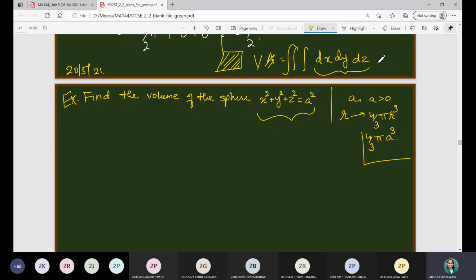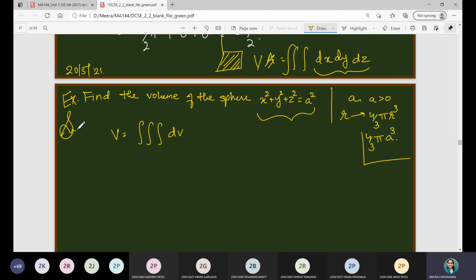The order can be chosen using the limits of the x, y, z variables. So volume is given by triple integration dv, where dv is the small change in x, y and z coordinates. This is the formula to find the volume of any structure.